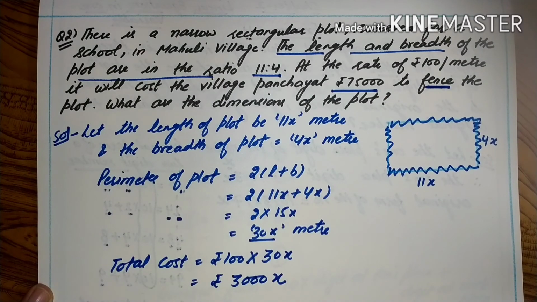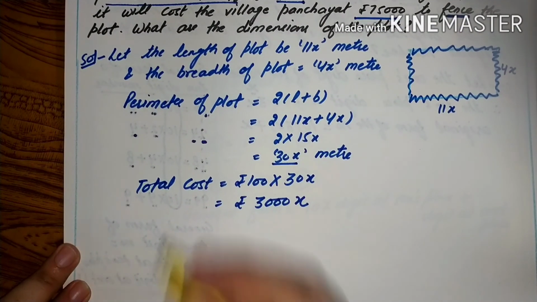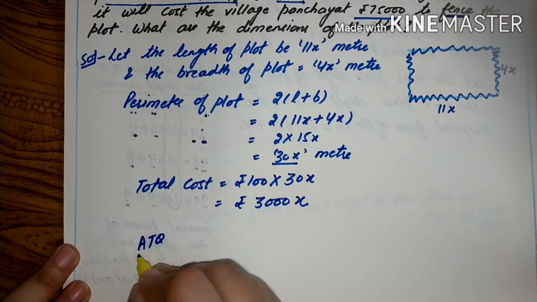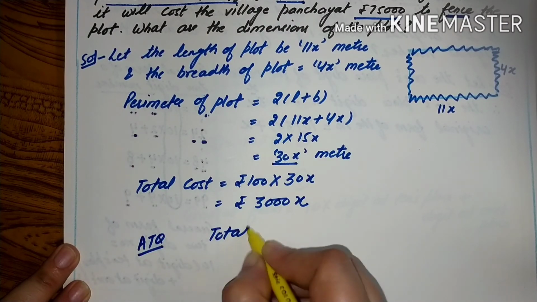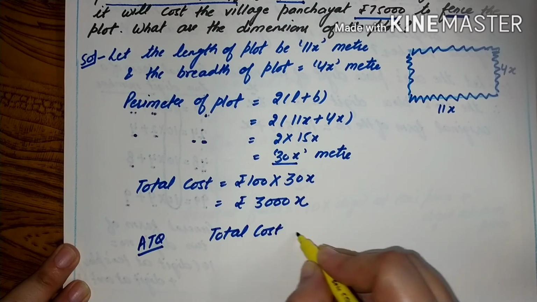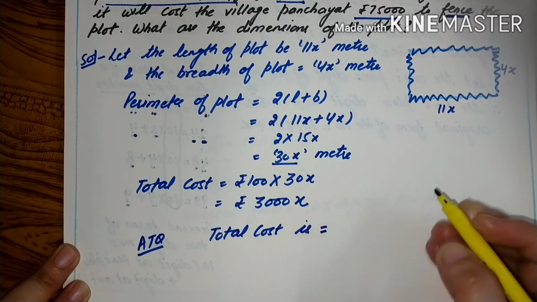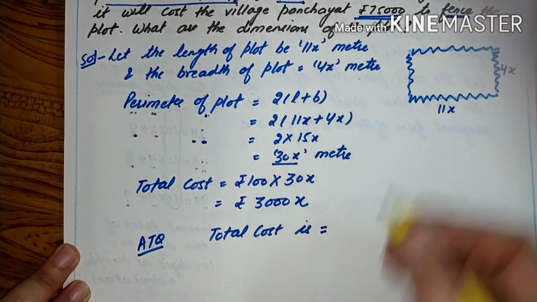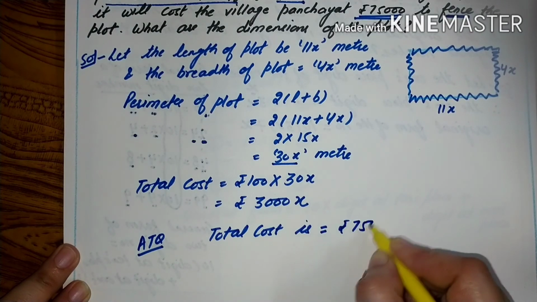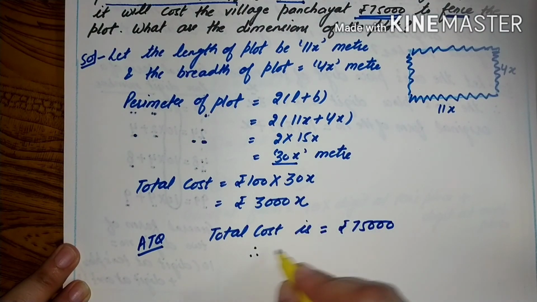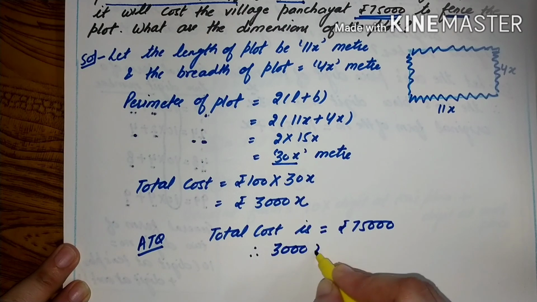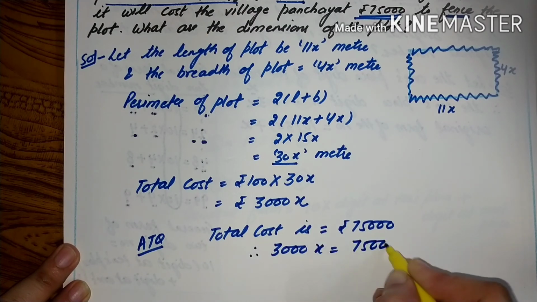Now, according to the question, the total cost is equal to how much? 75,000. So therefore, this 3,000x should be equal to 75,000.